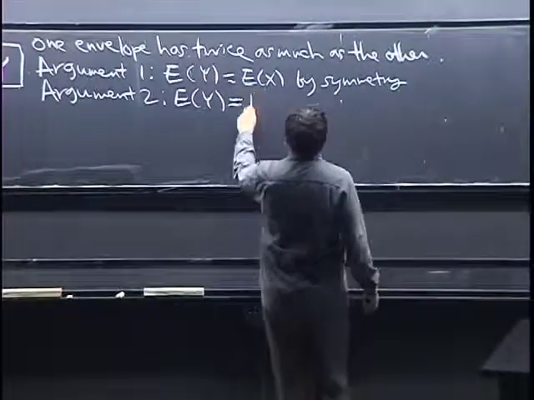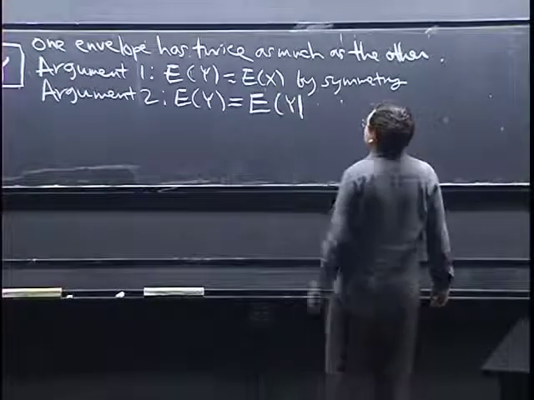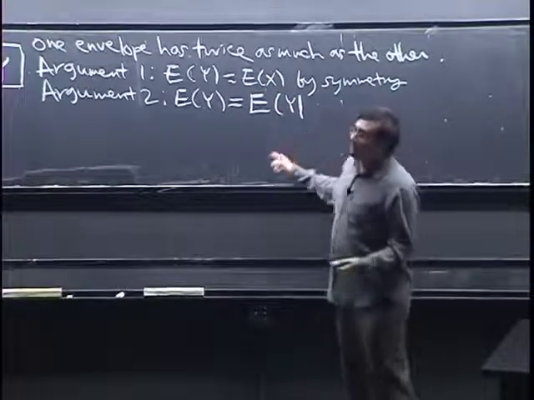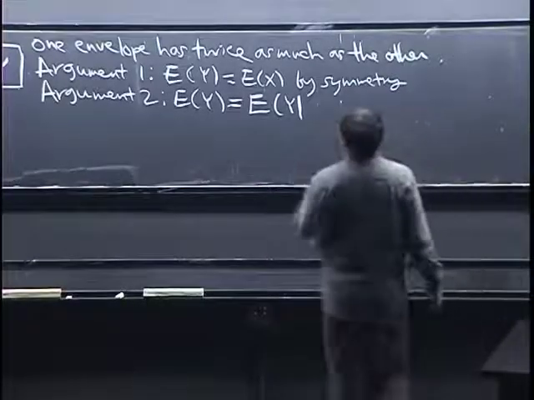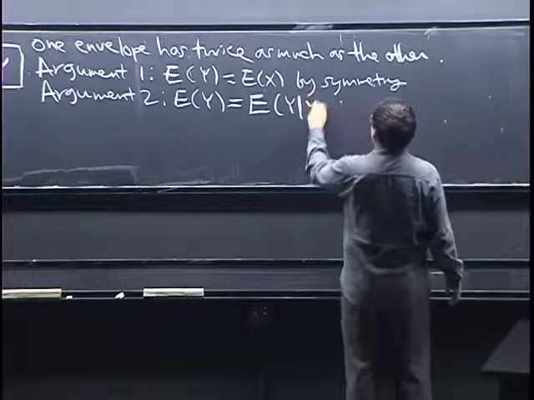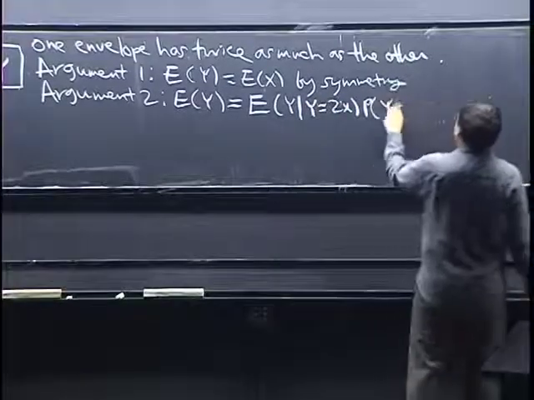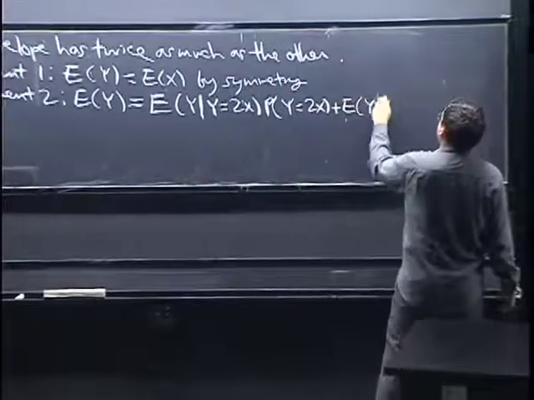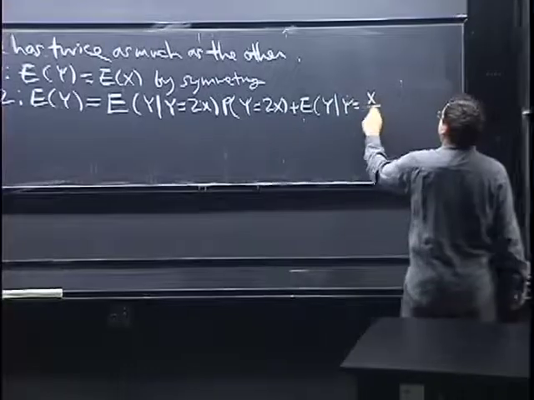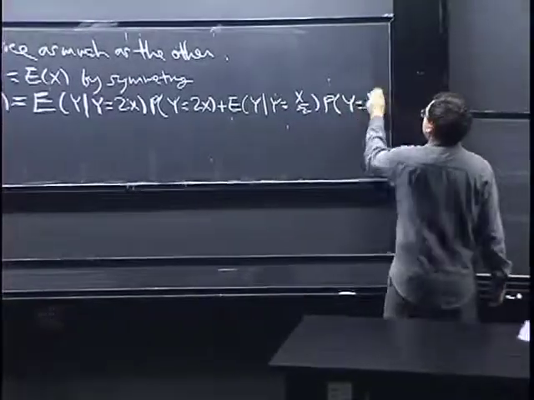We're going to condition on whether either Y equals 2X or Y equals 1/2 X. So we could just write it this way: E of Y given Y equals 2X times the probability that Y equals 2X, plus E of Y given Y equals 1/2 X times the probability that Y equals 1/2 X.